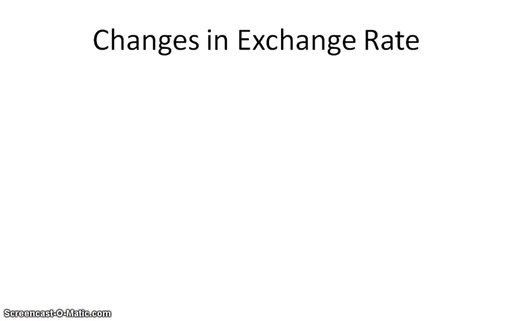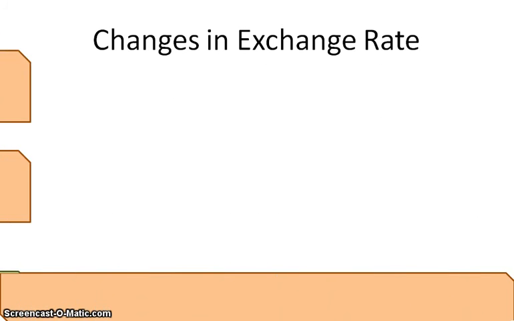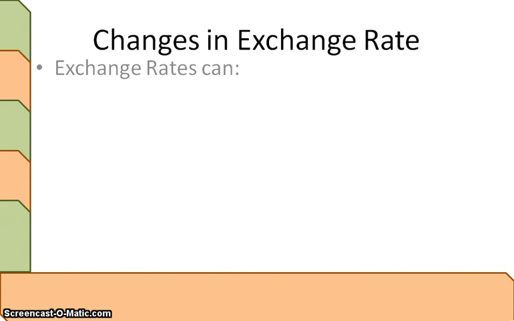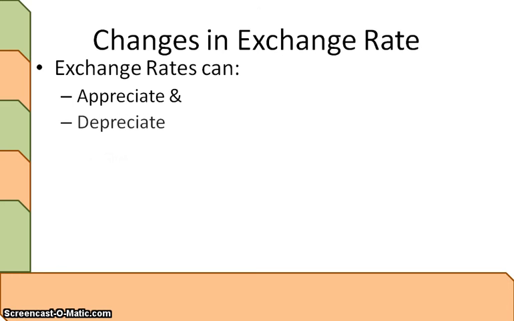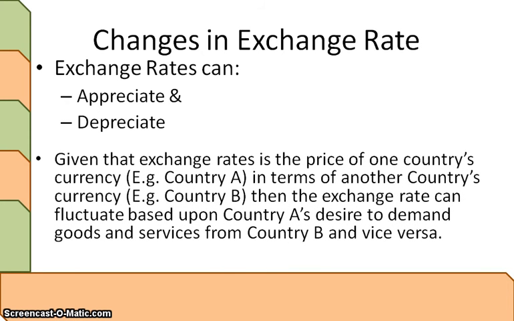So we are now going to discuss changes in an exchange rate. An exchange rate can either appreciate or depreciate. And what does this mean? Given that the exchange rate is the price of one country's currency, for example country A, in terms of another country's currency, for example country B, the exchange rate can fluctuate based upon country A's desire to demand goods and services from country B and vice versa.